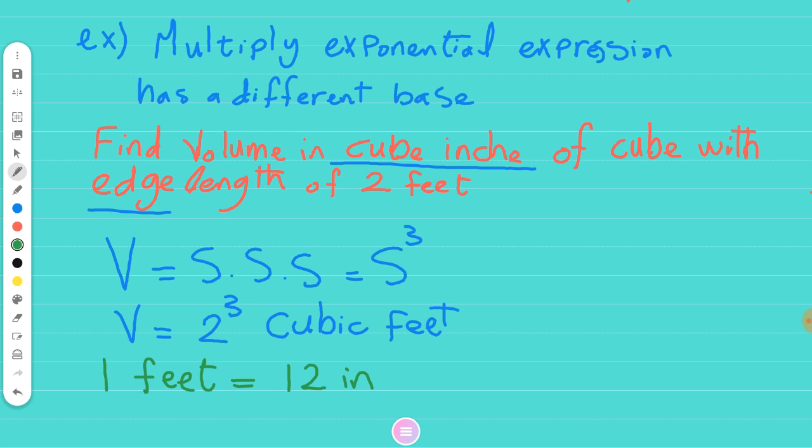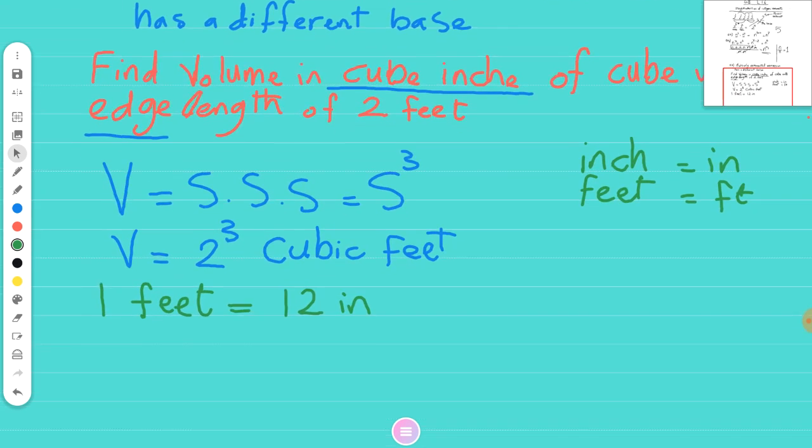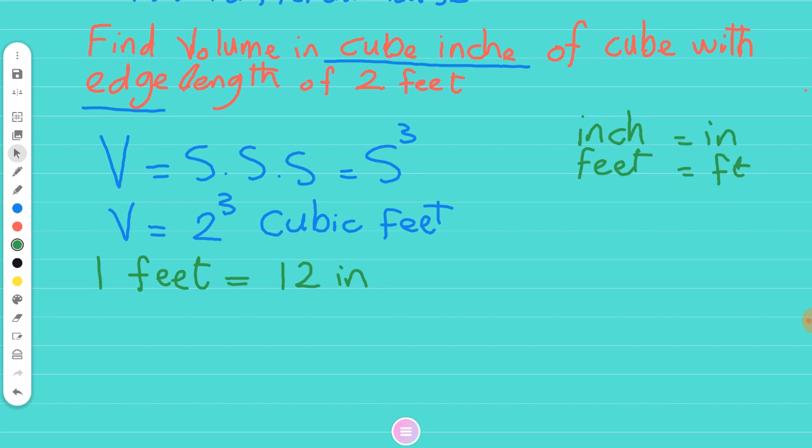Actually, we can write inch in small letters like this, I N, and feet as F T. Okay? It's a short form for the word. So if 1 foot equals 12 inches, what is the volume in inches?